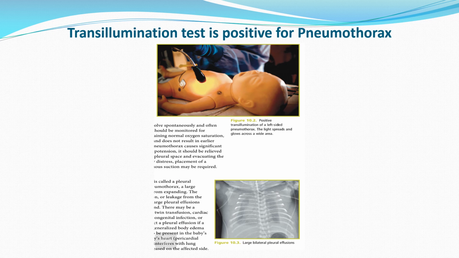We can do a bedside transillumination test to diagnose pneumothorax, and we can do an emergency needle insertion in the second intercostal space to aspirate air from the affected side, and then later we can place a chest tube accordingly.